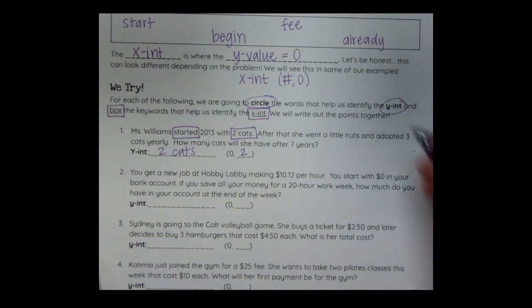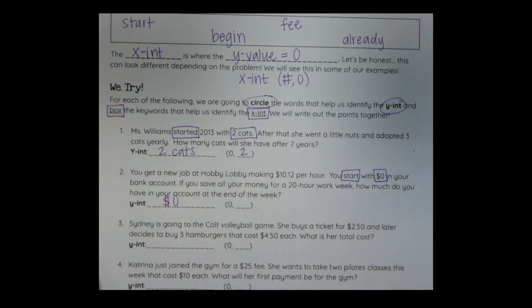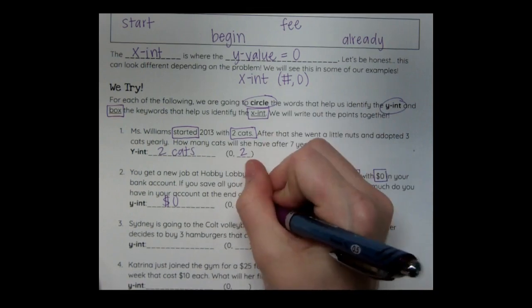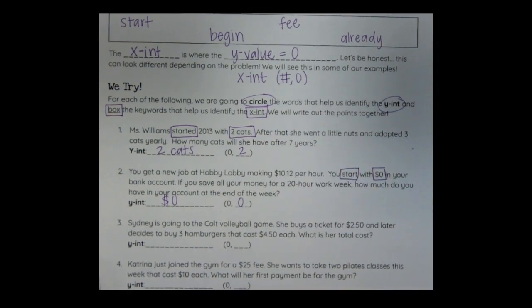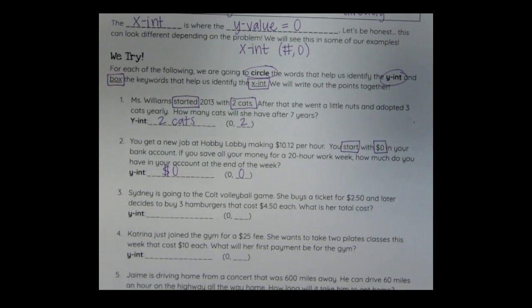I see the word start again. I'm starting with $0 in my bank account. That's my y-intercept. From there, I can gain more money as I work my 20-hour work week. So I take this number, plug it in. Done.